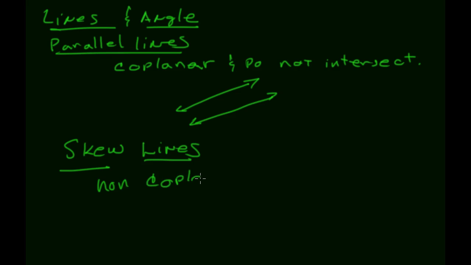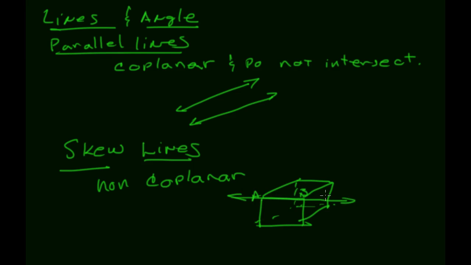We also have what are going to be called skew lines, which are also non-intersecting lines, but they are non-coplanar. Okay, so the best way to see this kind of on a two-dimensional screen is to imagine a box. Let's call this AB. So I have this line AB going that way. Let's call this CD down here.